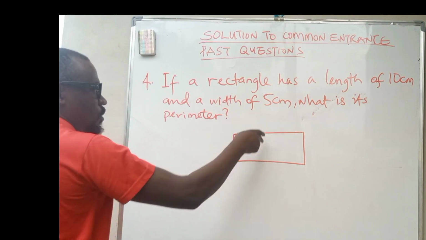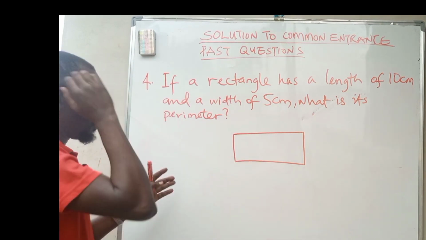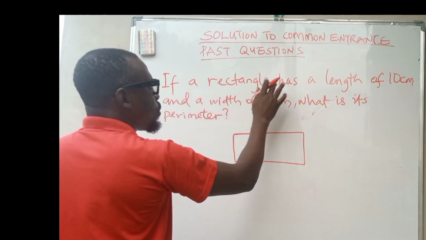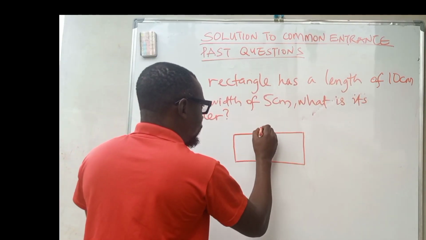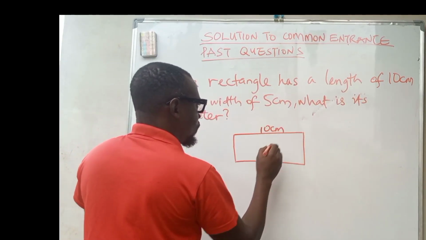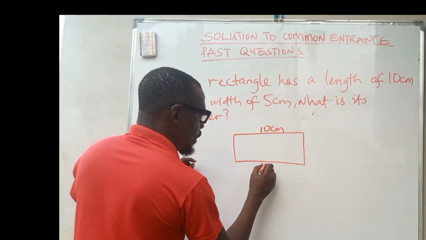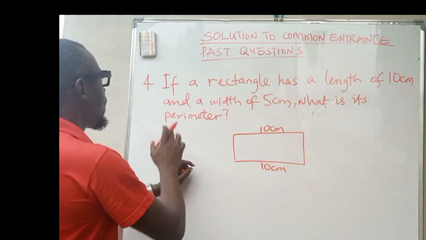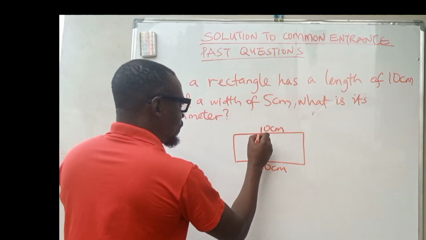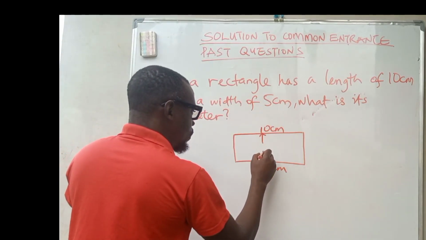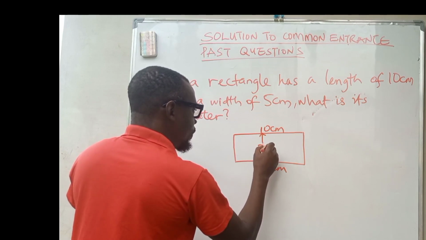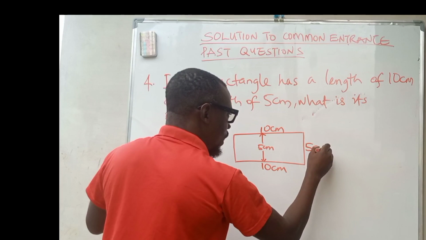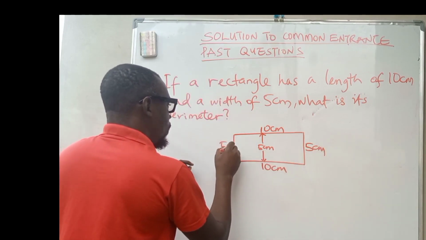The two opposite sides are equal. Now, the question says the rectangle has a length of 10 centimeter, definitely this place will be 10 centimeter. Then a width of 5 centimeter, that is from here to here, is 5 centimeter, which means this place will be 5 centimeter, while this place will be 5 centimeter.